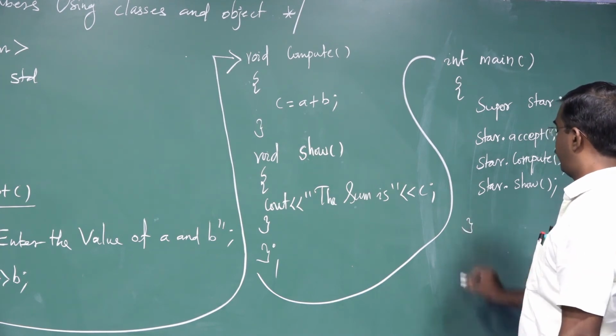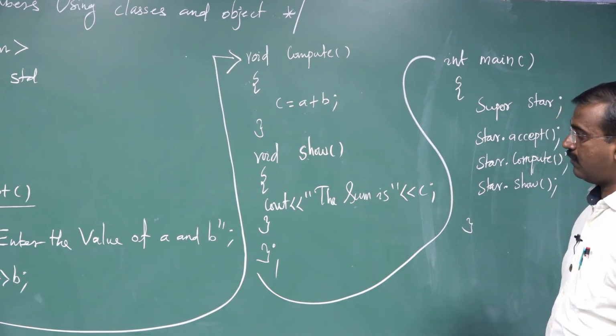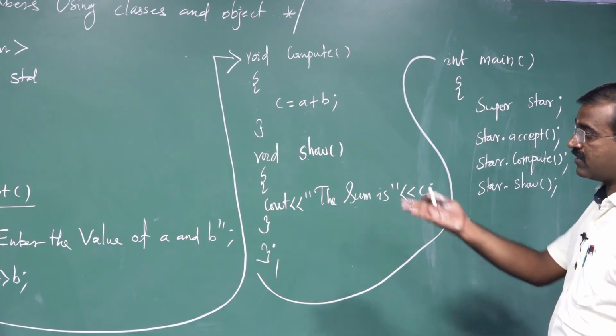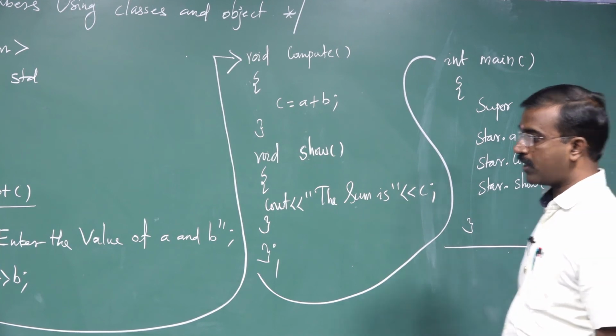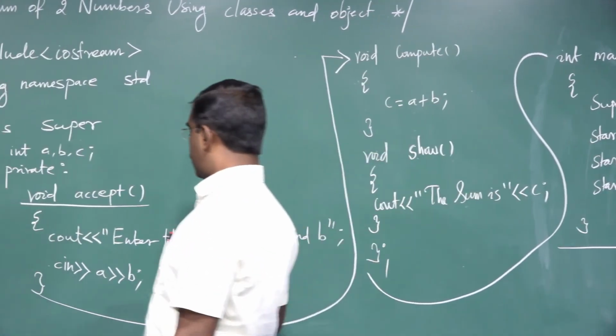Close brace. Getch is necessary, because this is Dev C++. So this is a program. But what input will it take? Listen clearly.